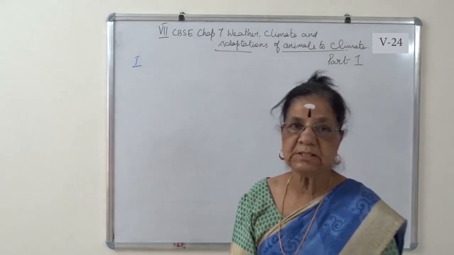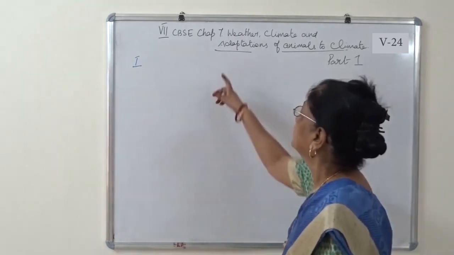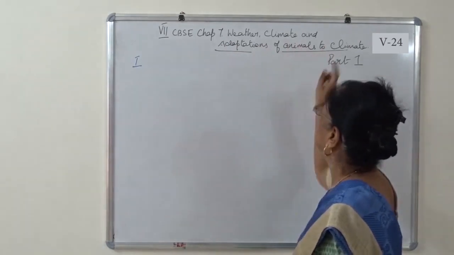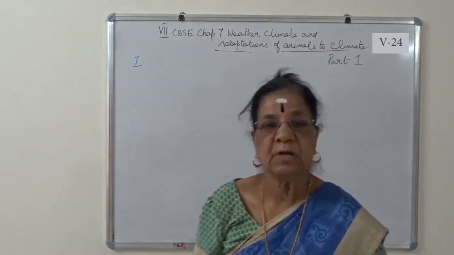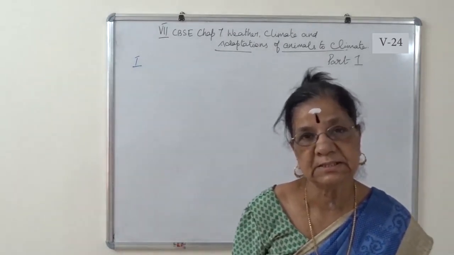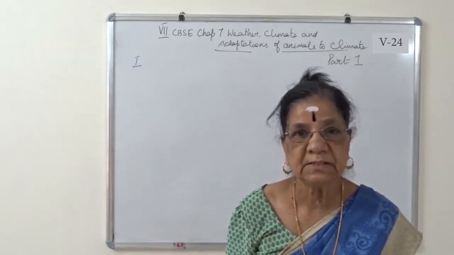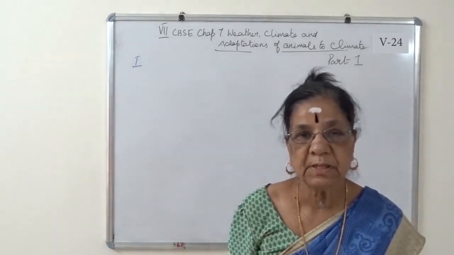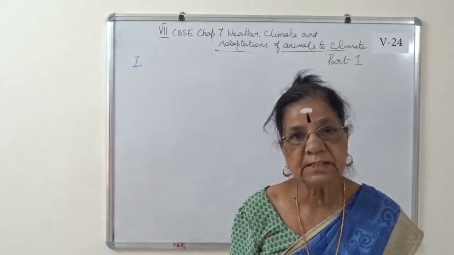This video session we start with chapter 7, weather, climate and adaptations of animals to that climatic conditions. What do you understand by weather? How is today's weather? Early morning when we get up, is it a sunny day or rainy day?